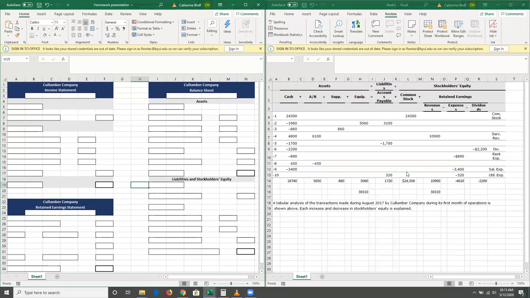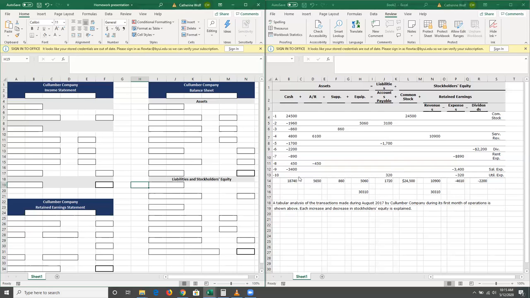And then what I did, this is not going to be shown in your homework, is I actually just added everything up. 3,100 minus 1,700 plus 320 equals 1,720, and then with the rest of them as well.